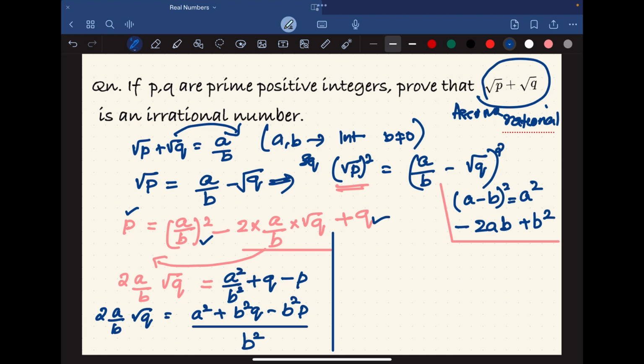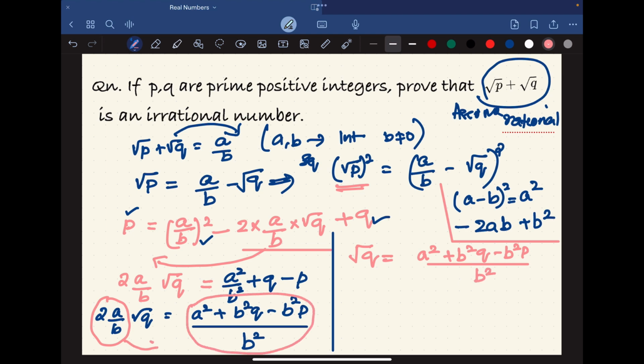So once you got this, you can do one more thing. We can take this also to the right hand side. So how can we do that? So let me write. If I'm taking everything towards the right hand side, the left hand side will become root q. So already what we have here is (a square plus b square q minus b square p) the whole divided by b square. Along with that, we are taking this to the right hand side.